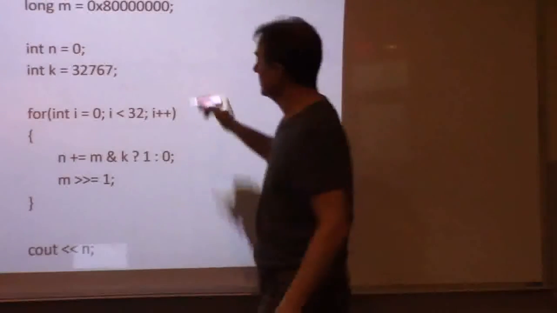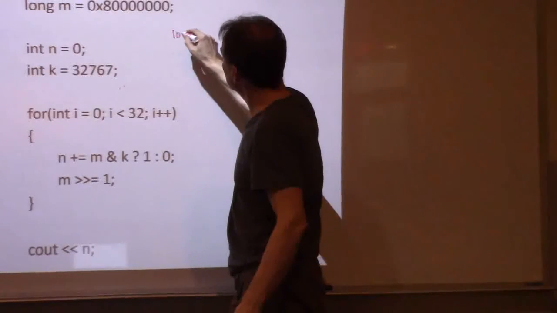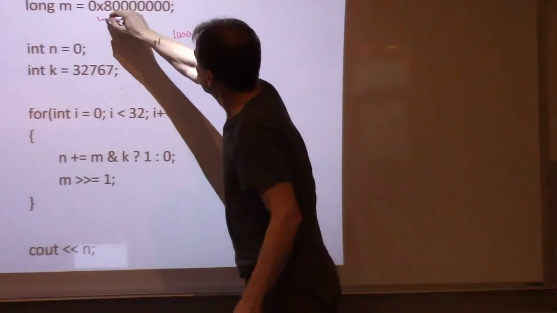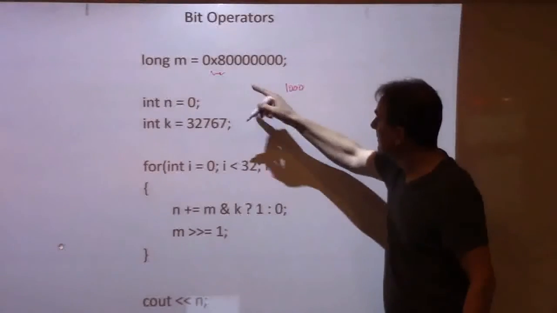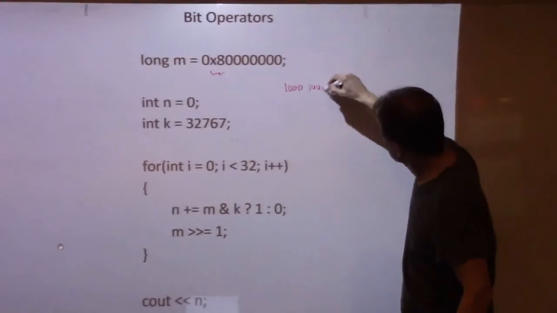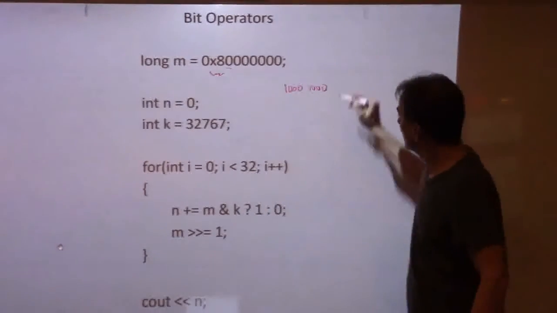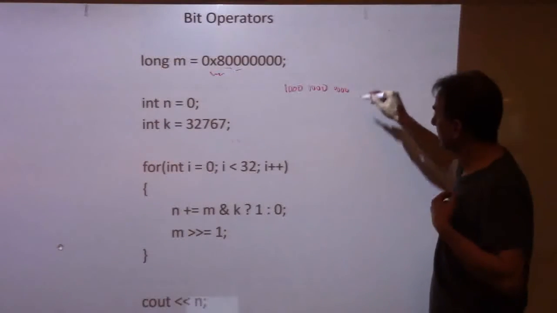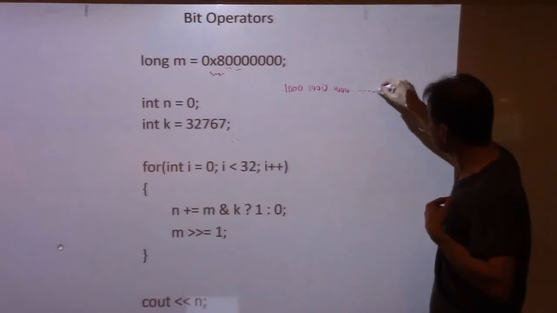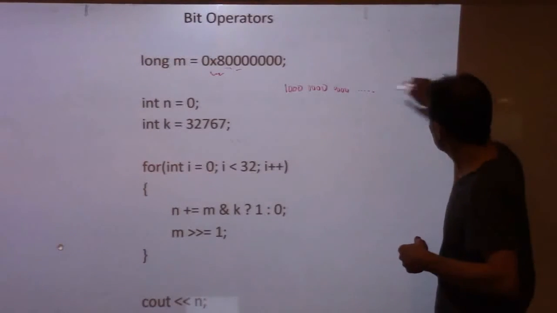Our number looks like this: 1, 0, 0, 0. That's the 8. 1, 0, 0, 0, followed by 0, 0, 0, 0. That's this one. Followed by 0, 0, 0, 0. That's this one. In fact, we're going to have 7 of them. Finally, 0, 0, 0, 0. That's this one.